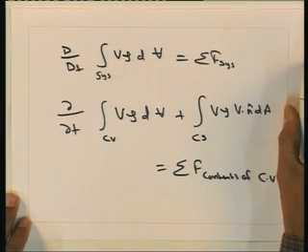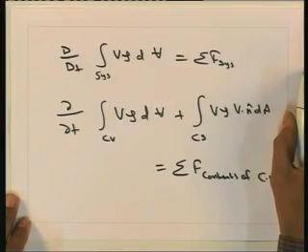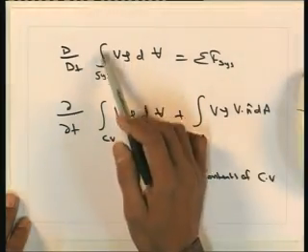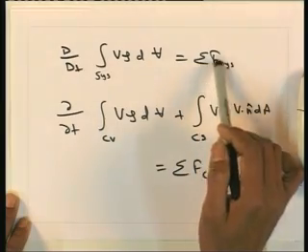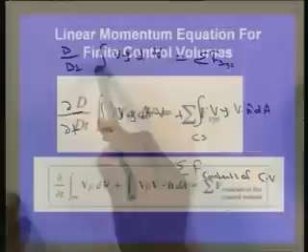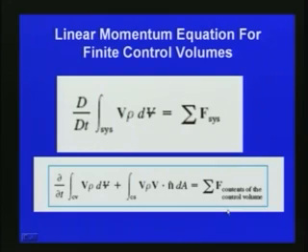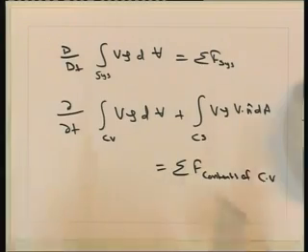As we have seen, the rate of change of momentum is equal to the resultant force acting on the body. So we can write d by dt integral over the system, V rho dV, is equal to sigma F system. As I mentioned, we have to consider the control volume, what happens inside the volume, and then what happens on the surfaces.